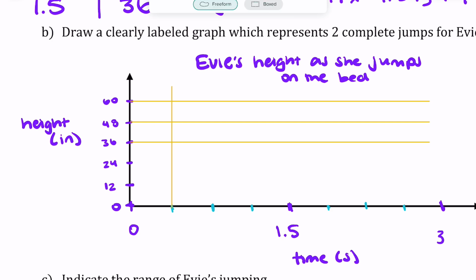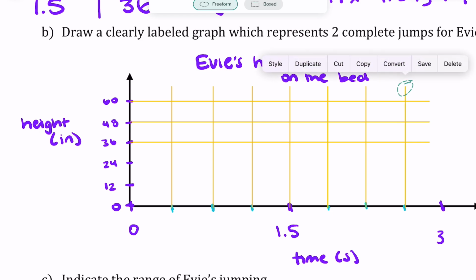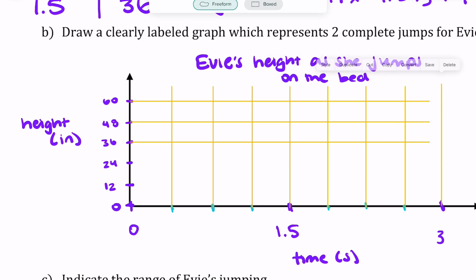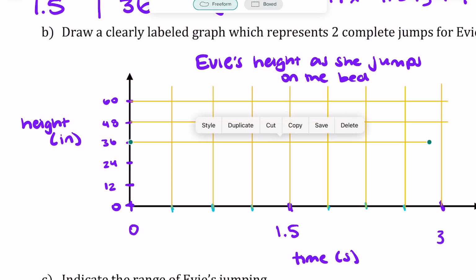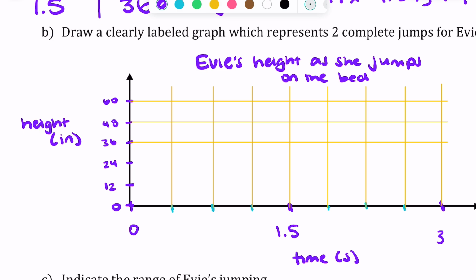And I'm actually going to put grid lines on all these other values because I am going to use them to draw some points. Oh, oops, should have made those a bit longer. There we go. Now, I know my grid lines happened really quickly. I know yours will take a little bit longer to do, and that's totally okay.